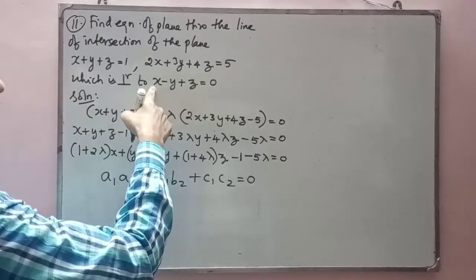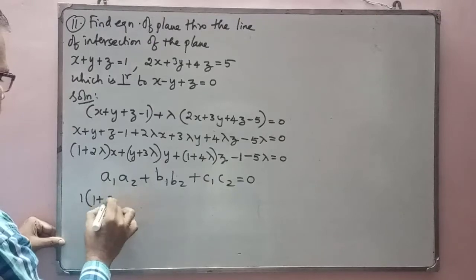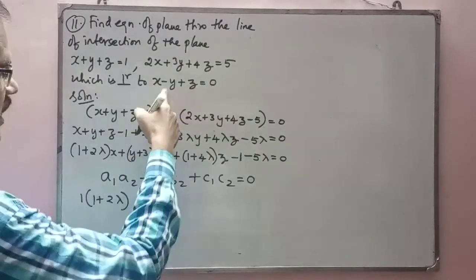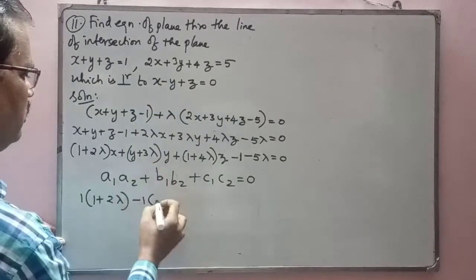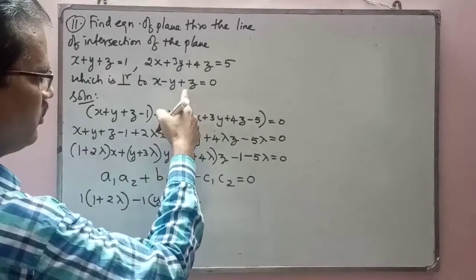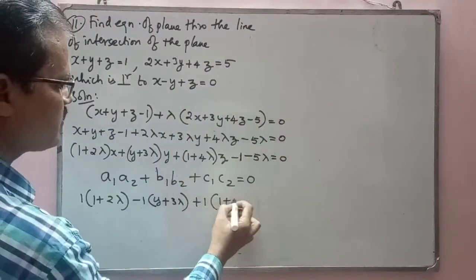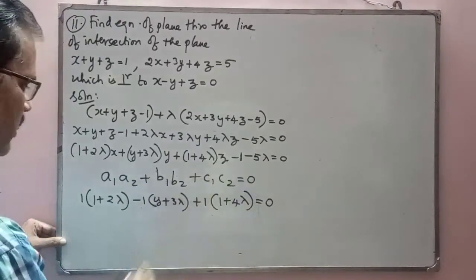I can see the coefficient in front of this x is 1. So 1 into (1 plus 2 lambda), minus 1 into (1 plus 3 lambda), plus 1 into (1 plus 4 lambda) equals 0. This is the condition for planes perpendicular.